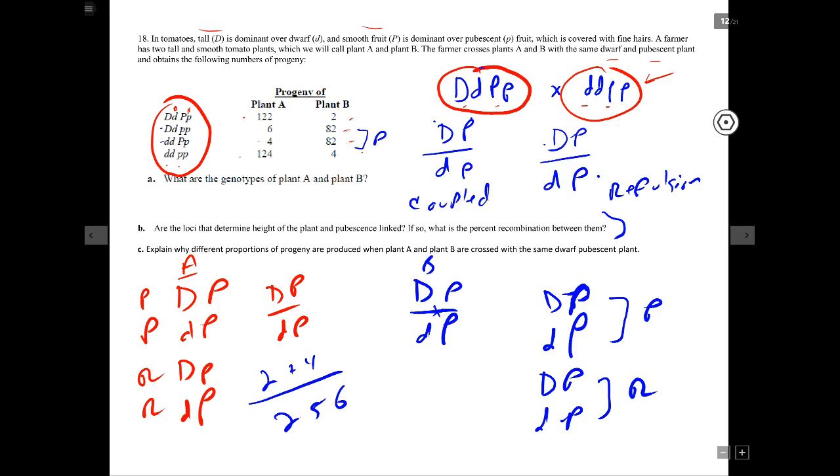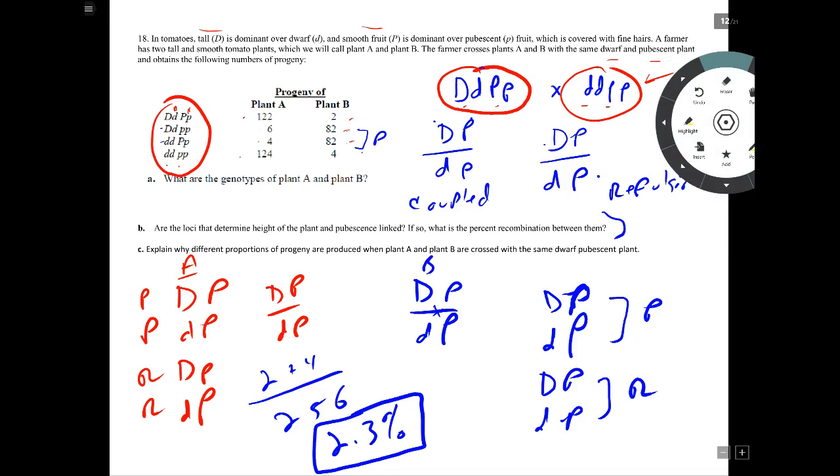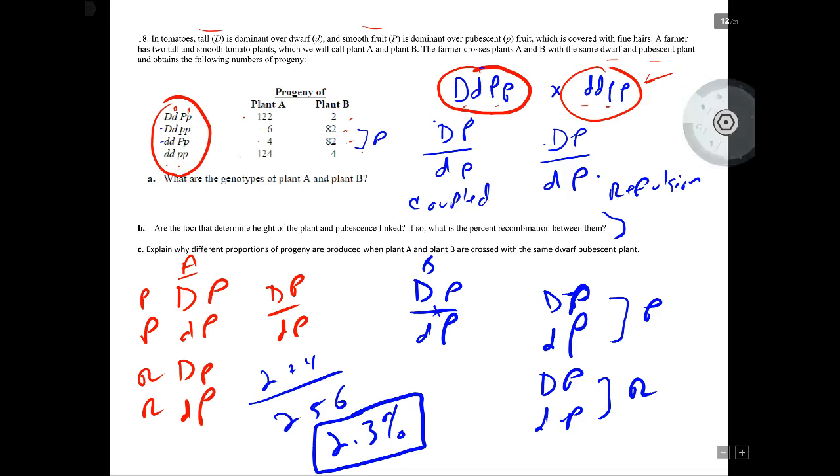So this comes out to 6 divided by 256, and that's 2.3%. I'll leave you guys to do those calculations. I suppose I should have used a different color there. But we'll switch up our colors just to make it look different.